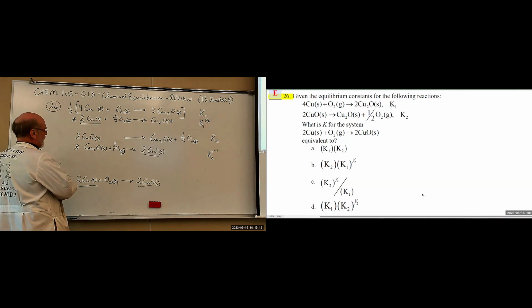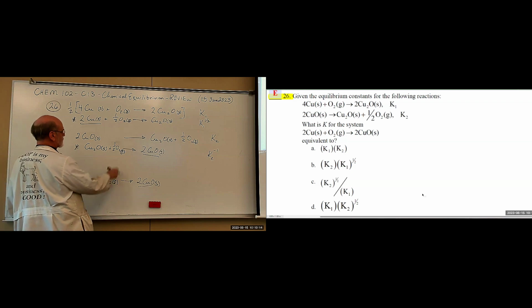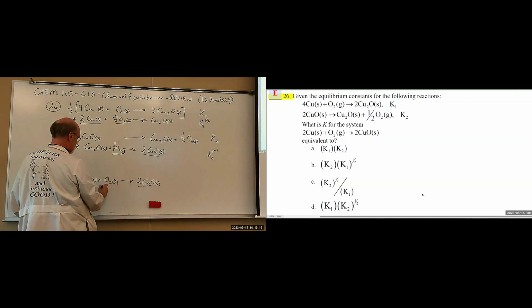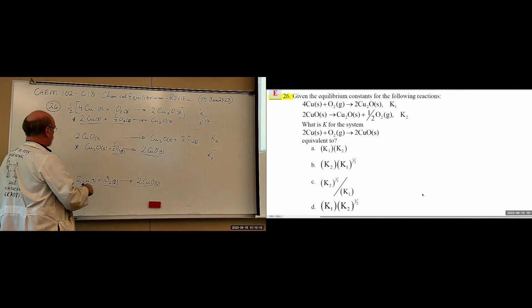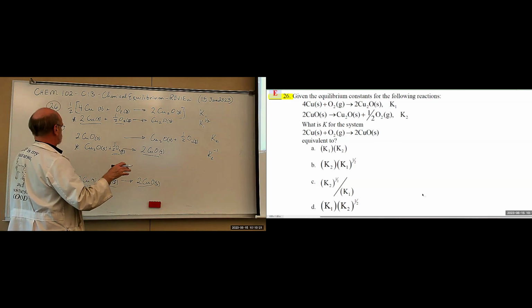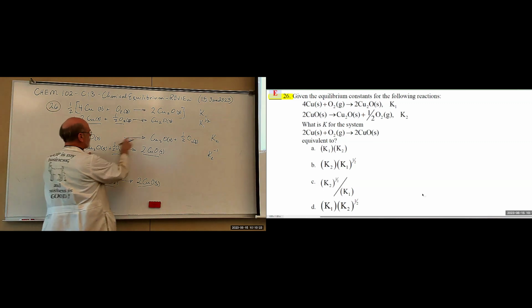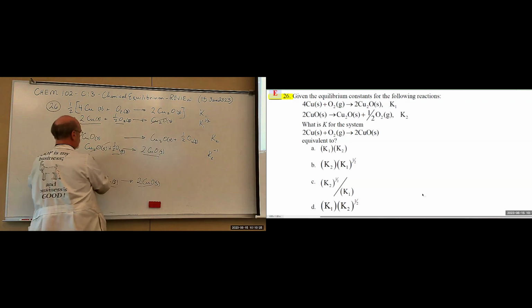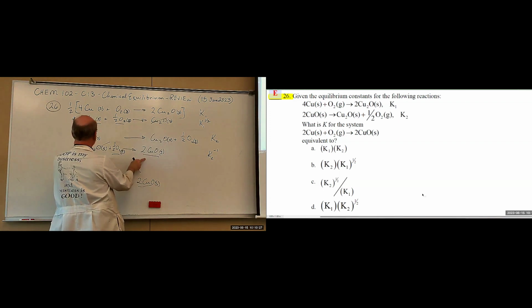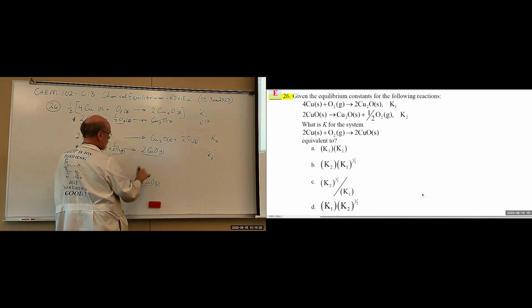Okay. How about oxygen? Well, we got this half and this half. There we go. Now, what about the others? Cu2O, Cu2O. That one cancels, and that one cancels. Leaves this one, that one, this one, and that one. Okay, we're good.